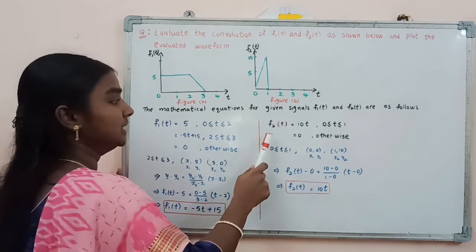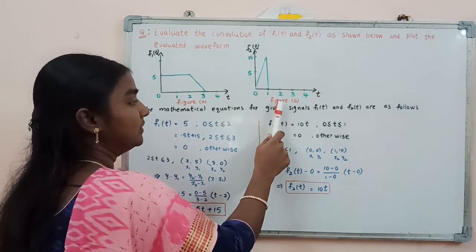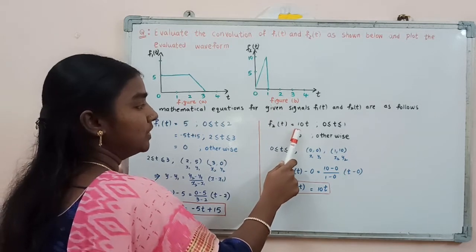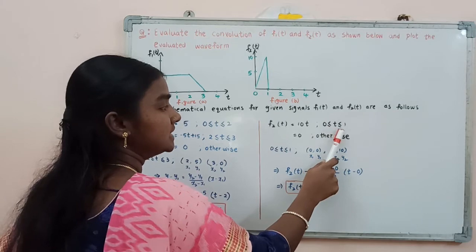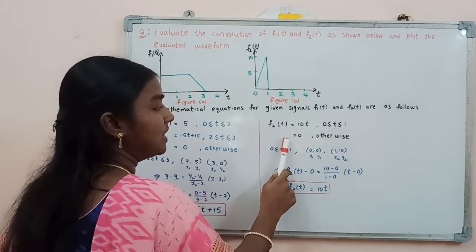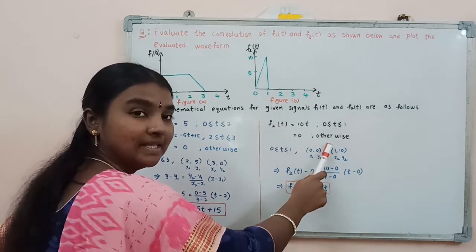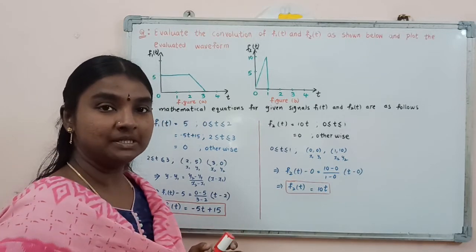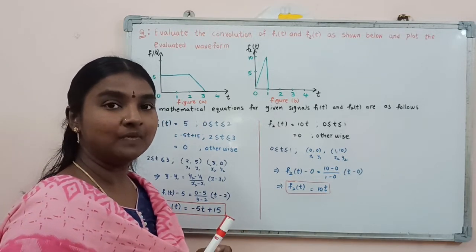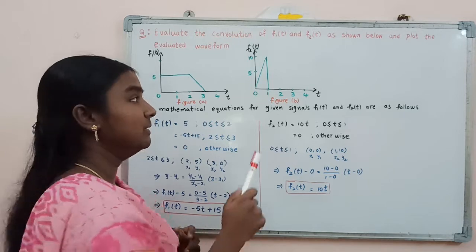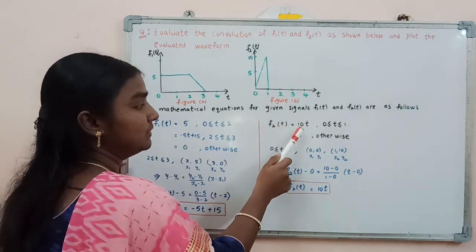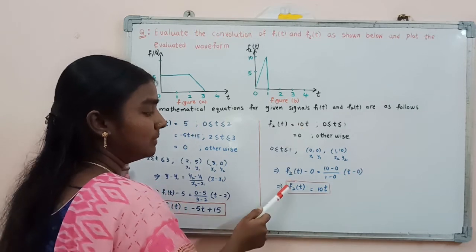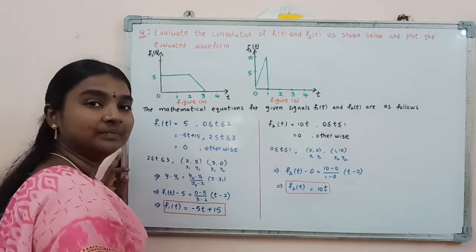Coming to the second signal, f2 of t will be equal to 10t in the interval 0 less than or equal to t less than or equal to 1, and f2 of t will be equal to 0 otherwise, meaning at time instances other than 0 to 1, the f2 of t signal will be 0. Here it is shown in figure B, and this equation can be found in this manner.